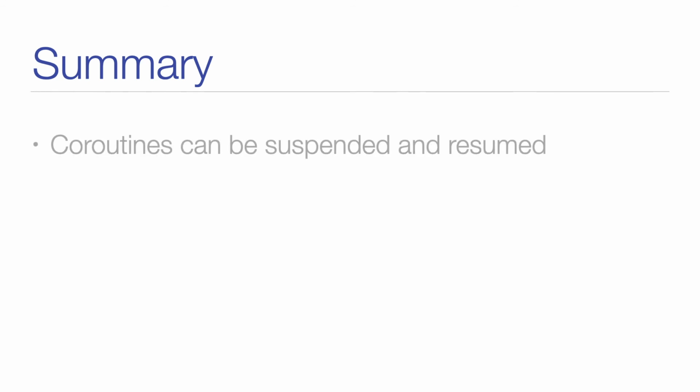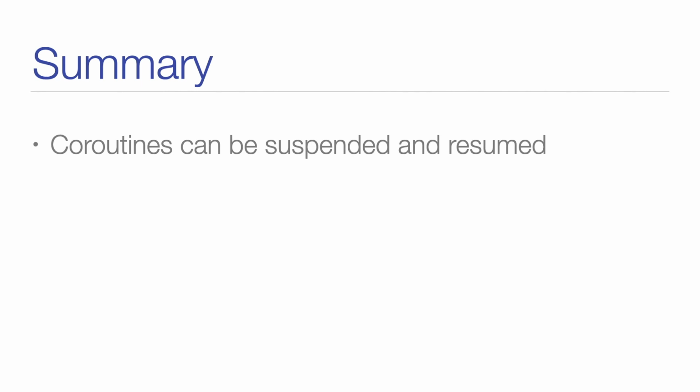We talked a bit about suspending in the first lecture of this section, when we compared ordinary routines with coroutines. There, we said that the special thing about coroutines compared to regular routines was that they can be suspended and continued at a later point.